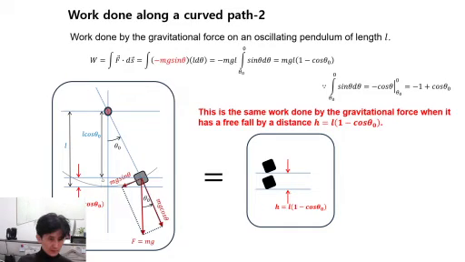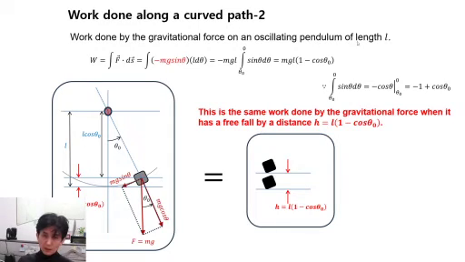So the height difference between the 0 angle and theta 0 angle is L minus L cosine theta 0, the distance from here to here. So that is L times 1 minus cosine theta 0.